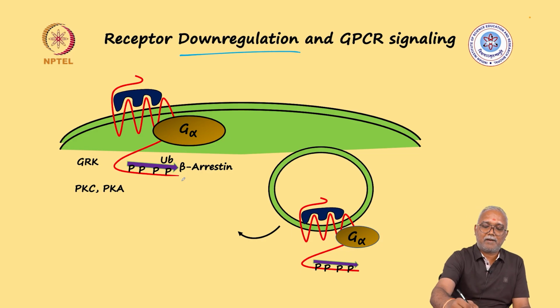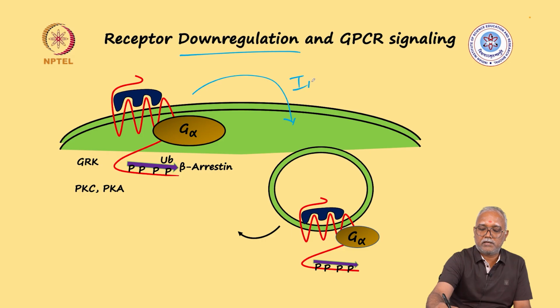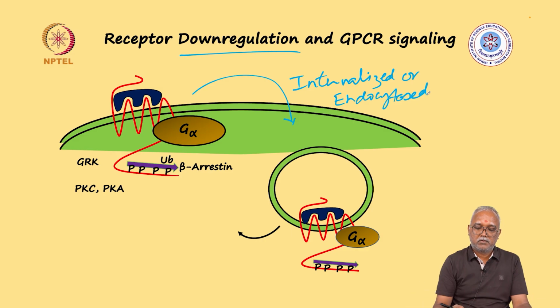For that, this entire complex is internalized, or endocytosed. So basically the arrestin which is present over here helps in the process of ubiquitination.